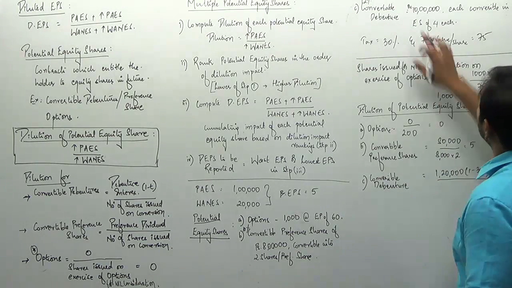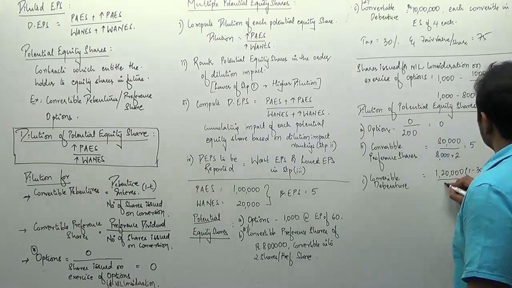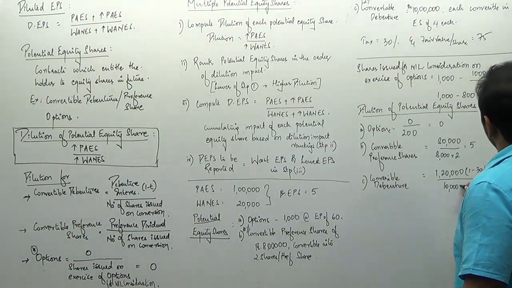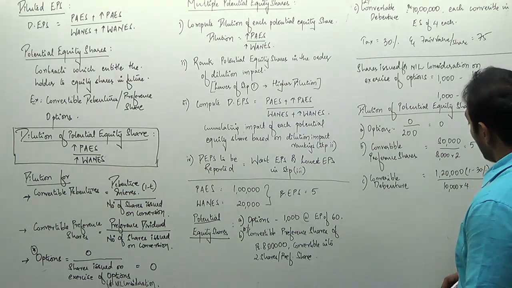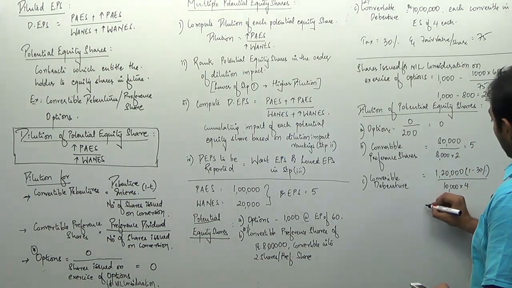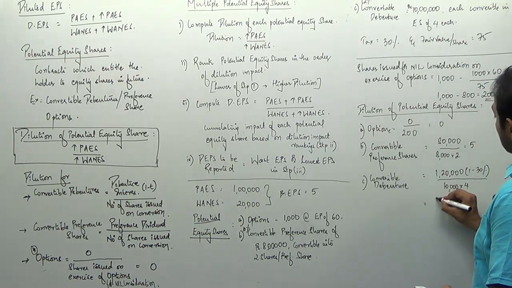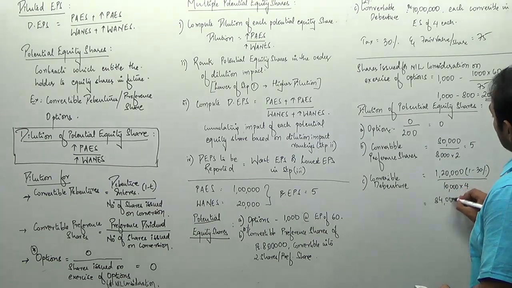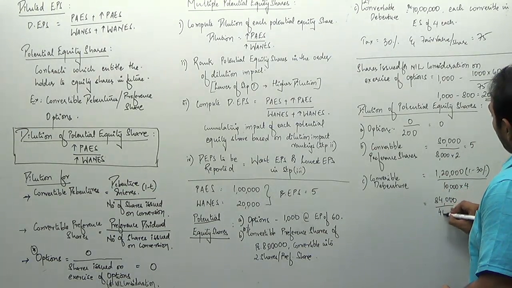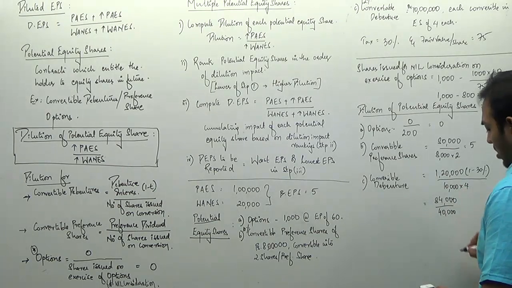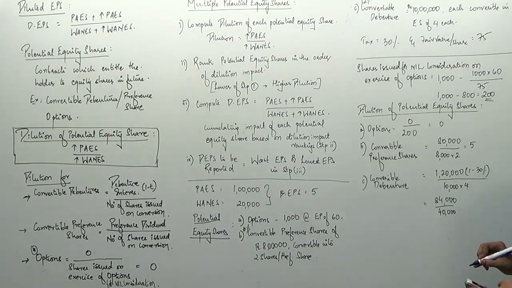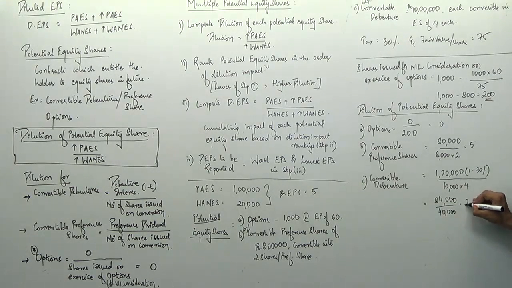So 10 lakhs, each is 100 rupees, so 10,000 into 4. This will give me 1,20,000 into 70% is 84,000 divided by 40,000, which will give me an answer of 2.1.